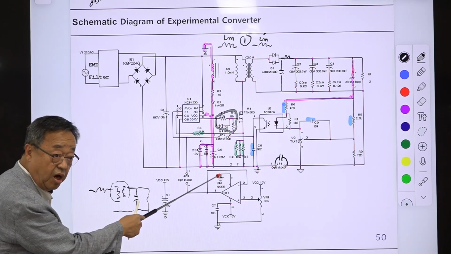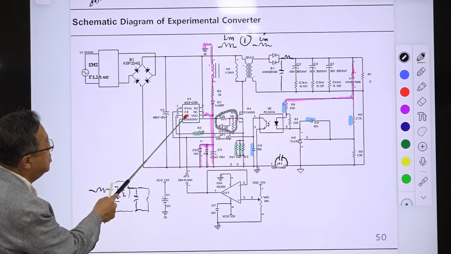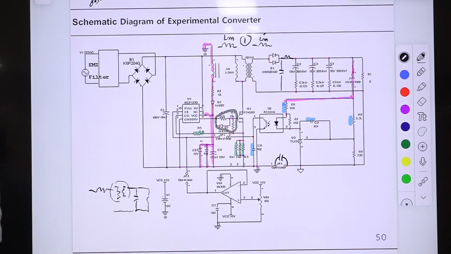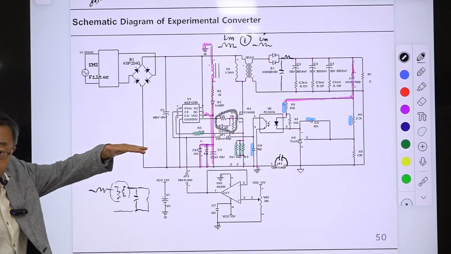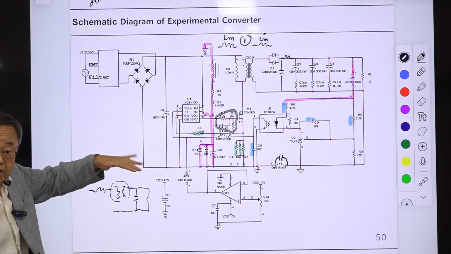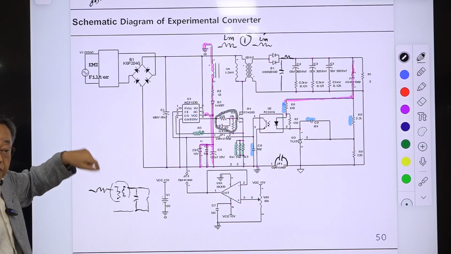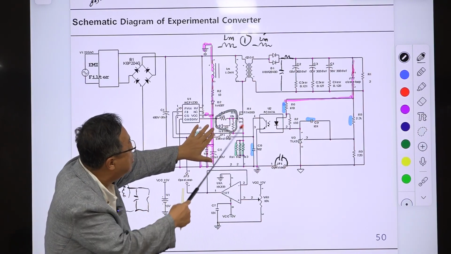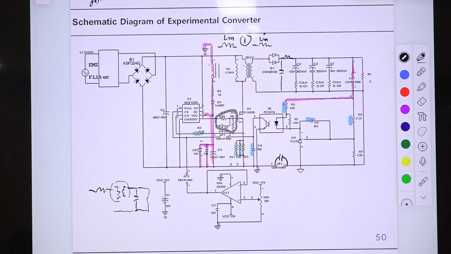But during switching of the main MOSFET, turning on means you are charging this junction capacitor up to some high value, 15 volts, and turning off means discharging that capacitor. If this is directly connected to this, that current will be sensed through this sensing resistor. That creates some noise problem, a malfunction of your converter.